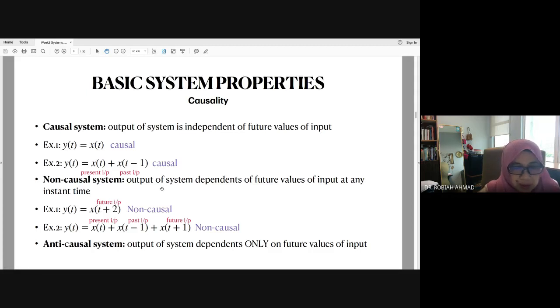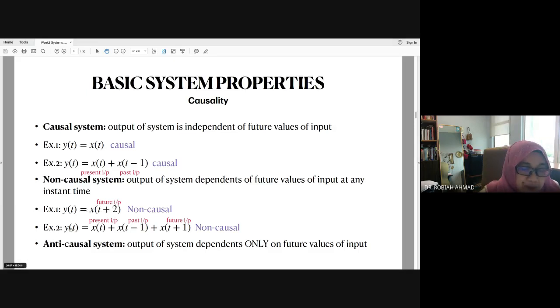Non-causal means the output of the system depends on future values. Examples of the non-causal are listed here. For example, yt equals xt plus 2 depends on the future input. For example, y at t equals 3 depends on x3 plus x5, the future input.